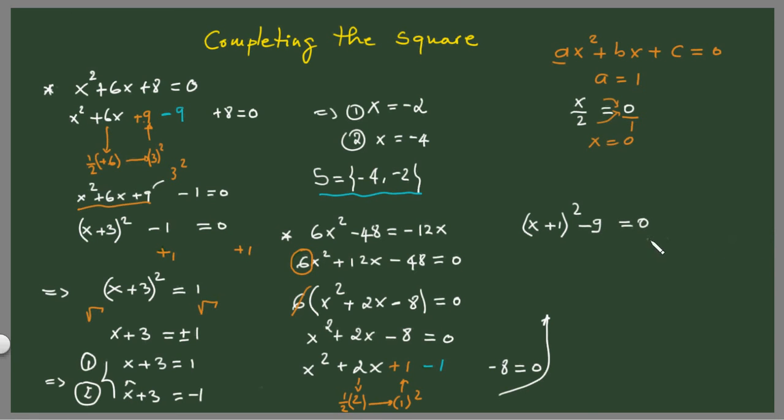And we can add 9 here and 9 there. So it gives us x plus 1 to the power of 2 equals 9. Now we can square root both sides.